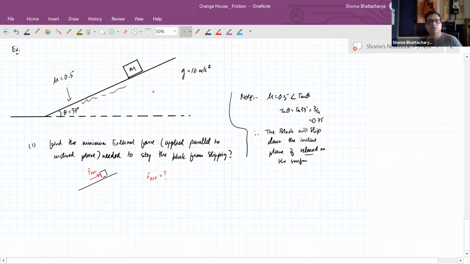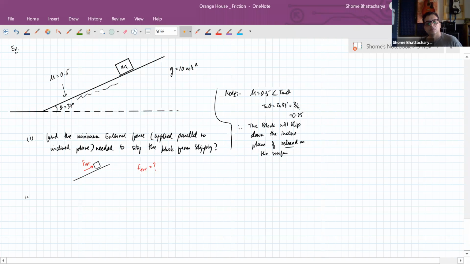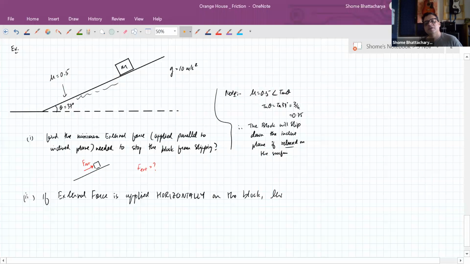Whereas in the second part of the question, if the external force is applied horizontally on the block, then find the minimum magnitude needed to prevent slipping.